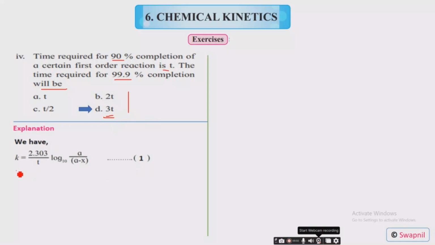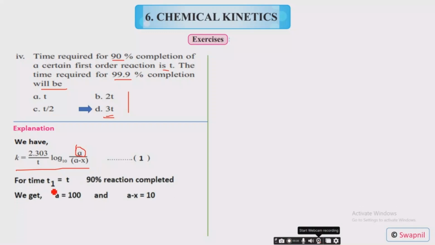We know that the rate constant for the first order reaction is K is equal to 2.303 divided by T into log of A divided by A minus X to the base 10. A is nothing but the initial amount of the reactant, and A minus X is the amount of reactant present after time T. For time T1 is equal to T, we have 90% reaction completed.